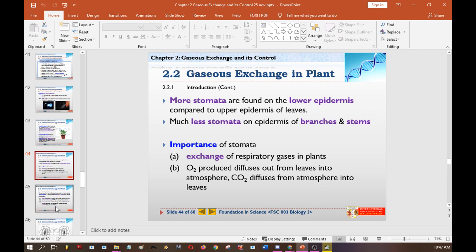Stomata are important because they are the only place where gases can come in and out. So it is for exchange of gases: O2 produced will diffuse out of the leaves, and the CO2 in the atmosphere will get into the leaves for photosynthesis.